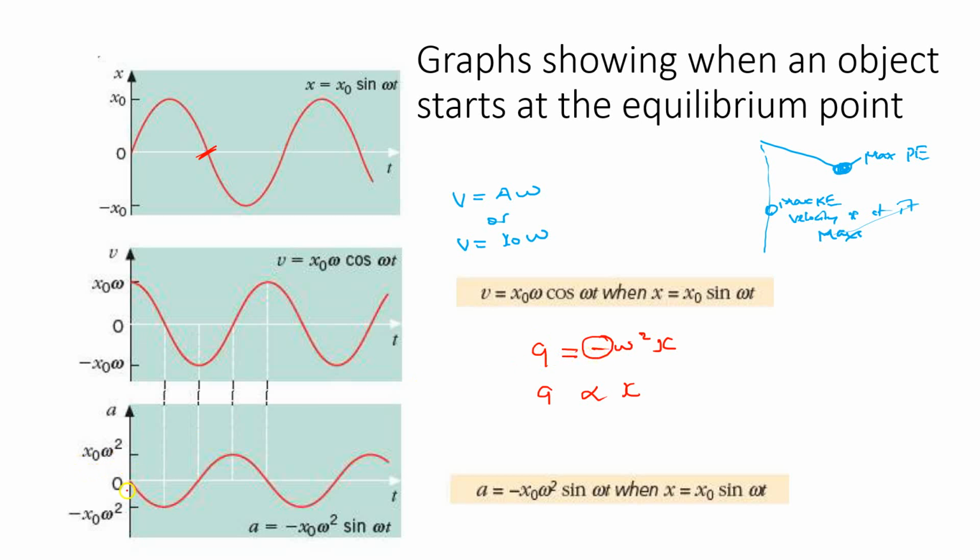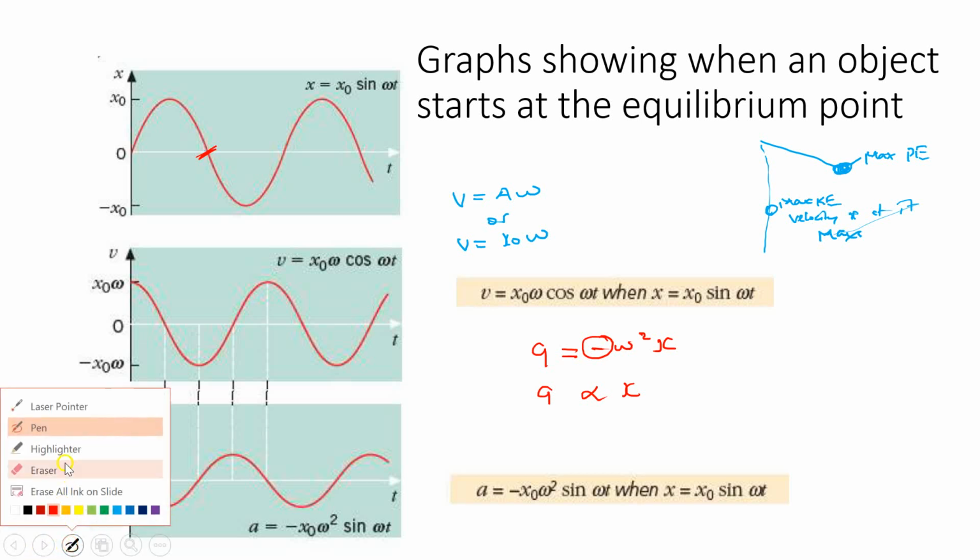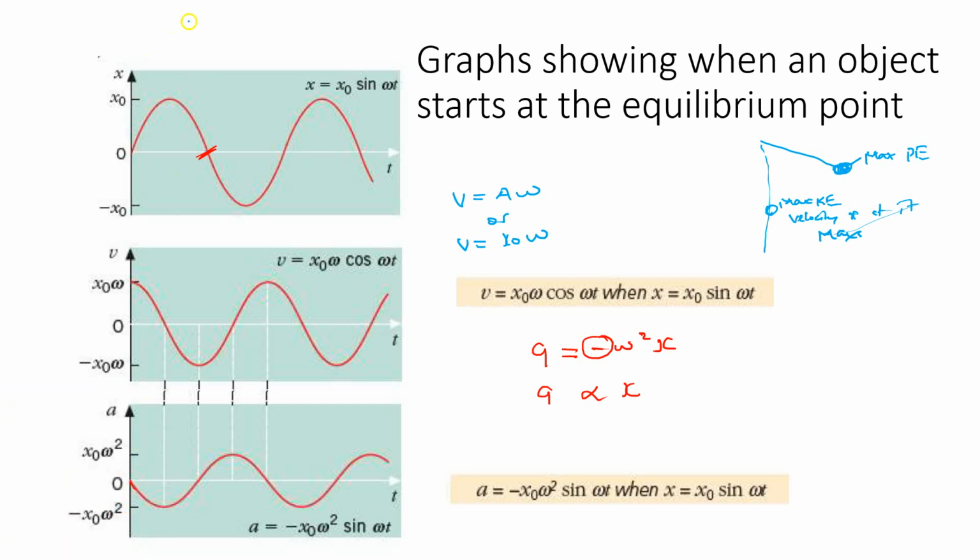Hence, this is the reason why you find that the acceleration is within the negative region right here. So they are complete opposites of each other. They're opposite because this one is going up like this, in the positive region.